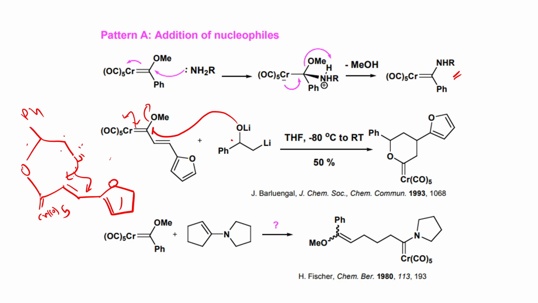So now it is a six-member ring. One, two, three, four, five, six. And here you can see this kind of way. This relationship is now maintained.